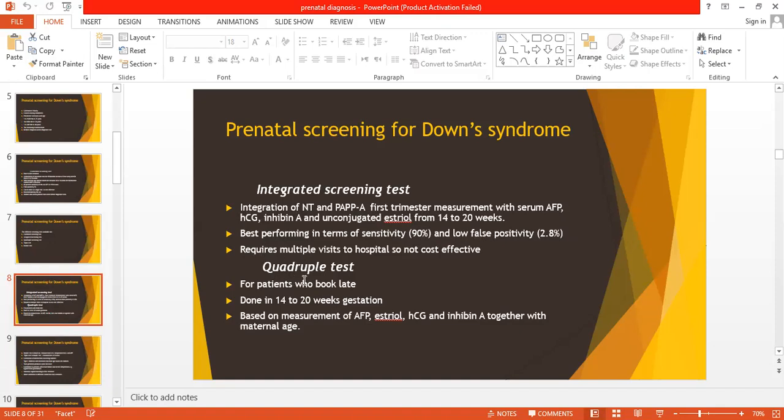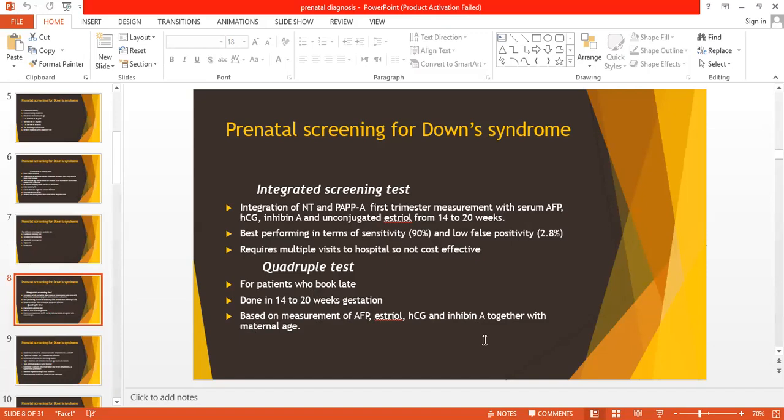The quadruple test is for patients who book late in their pregnancy. It is done again in second trimester and it is based only on measurements of all these 4 parameters that were checked in integrated screening test in second trimester: alpha fetoprotein, estriol, human chorionic gonadotrophin, and inhibin A, right?